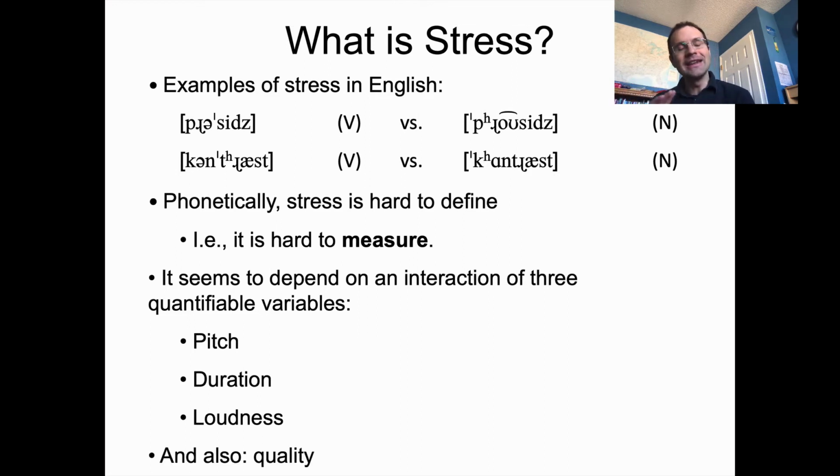In addition to that, it also depends on quality differences, which are not things that are easily measurable. What I mean by quality differences are changes in, say, vowel quality from one phonetic category to another, from schwa to an e, or schwa to an I, or something like that.